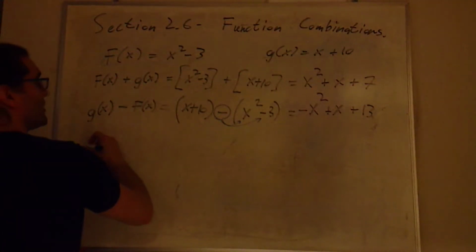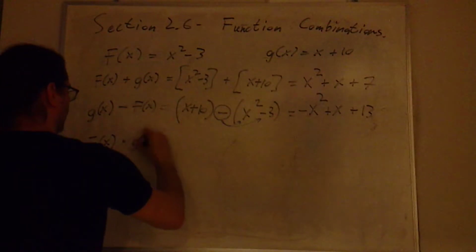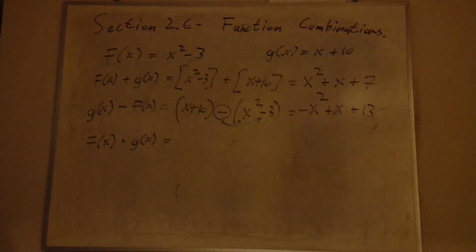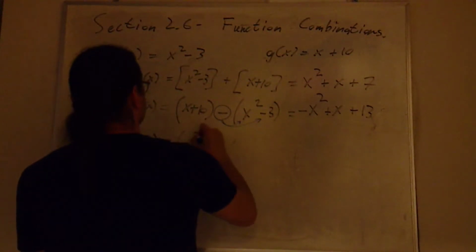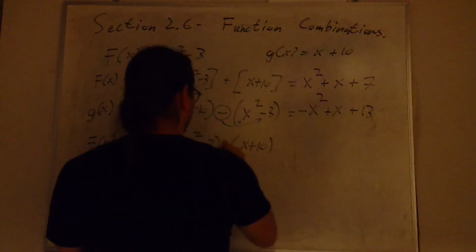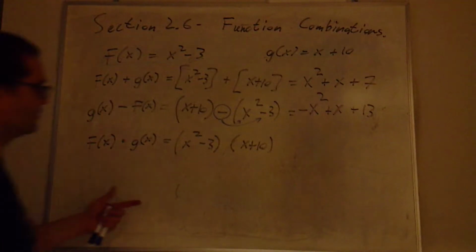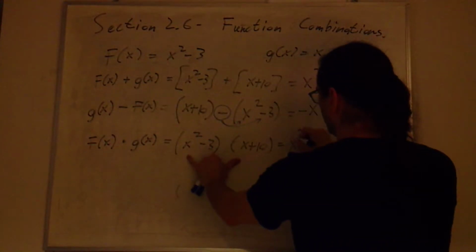If we're going to multiply some functions, f of x times g of x. This still works exactly how you would expect it to work. F of x is x squared minus 3. G of x is x plus 10. When you multiply these guys, you have to FOIL them. So the first term will give me an x cubed.